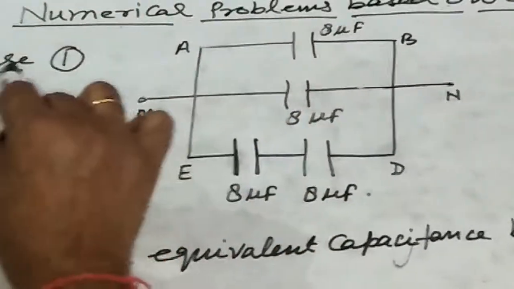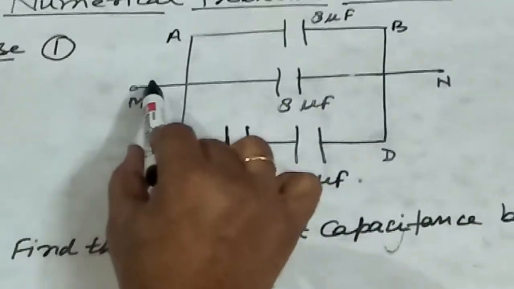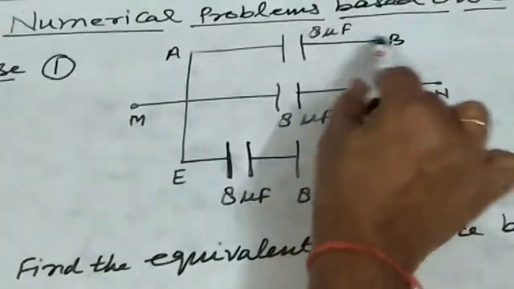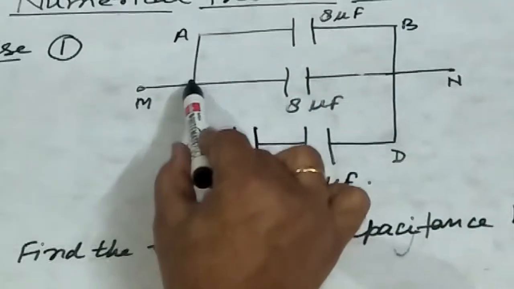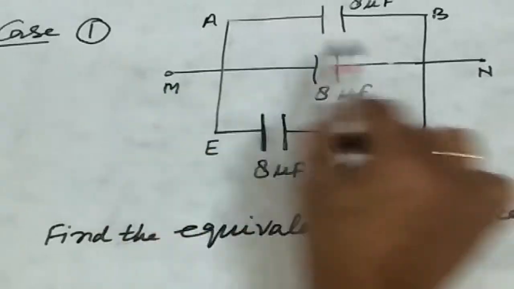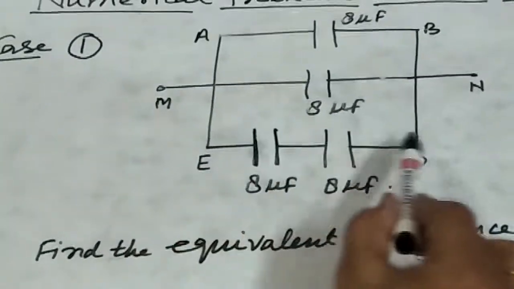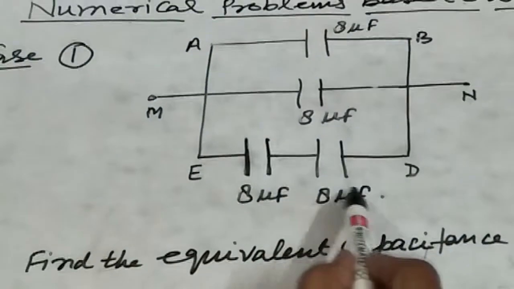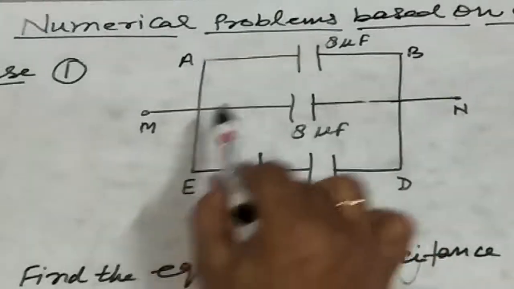Now, like this first case, if this capacitor between AB is 8 microfarad, and here also across MN 8 microfarad, and across ED 8 microfarad and 8 microfarad, two capacitors are joined.